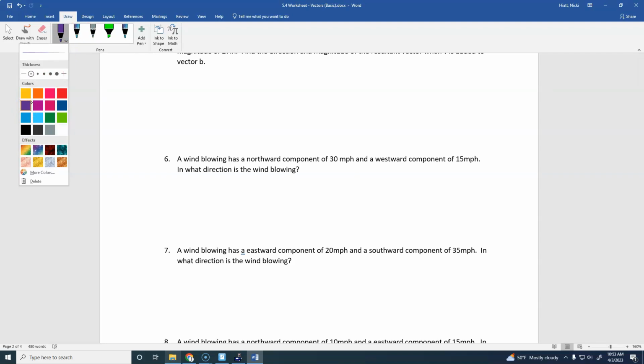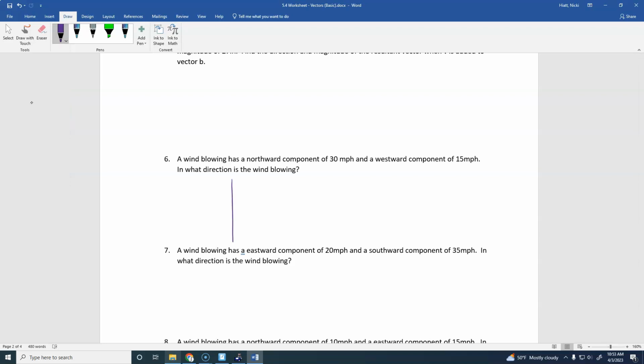So a wind blowing has a northward component of 30 miles per hour and a westward component of 15 miles per hour. In what direction is the wind blowing? So northward component of 30, westward of 15. So I'm going to draw my north, south, east, west, but north and west is where I need the most room, right?